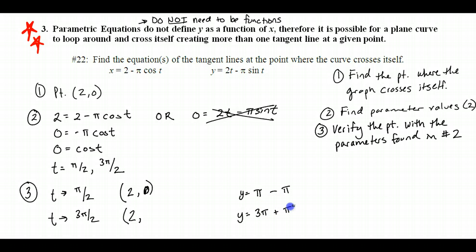So that will give me a positive pi. 3 pi plus pi is 4 pi. I think I did that right.